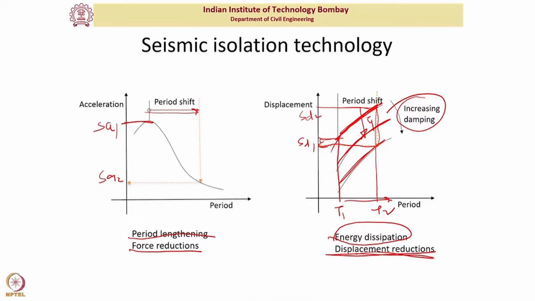That cannot be addressed through seismic isolation. It's an entirely different technology that is more of a statistical and risk perspective, whereas here we are dealing with the technical aspect of it.